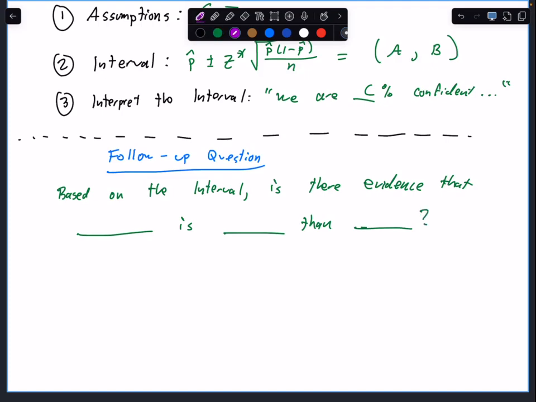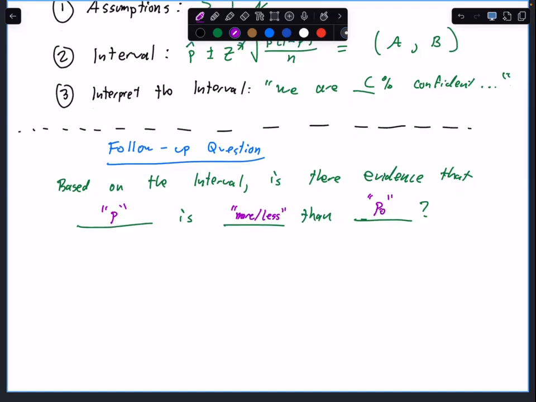And what these blanks are is P, the parameter, is more, I might say the word more, I might say the word less than P0. And of course I know you're asking, well, what in the world is P0? P0 is what we refer to as the hypothesized proportion. Also just known as the claim.